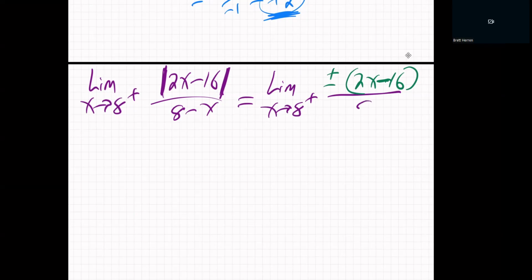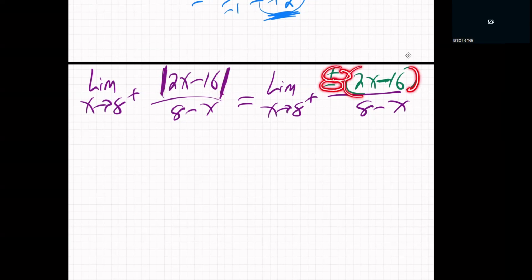And the bottom's not changing yet. I'm just focused on the top right now. Again, what do you always do with absolute values? You get rid of them. They're a pain. We've got to get rid of them. How do you do it? You just put parentheses instead, and you put either a plus or a minus in the front.